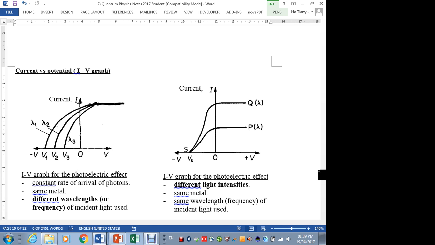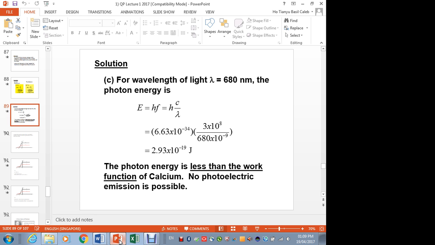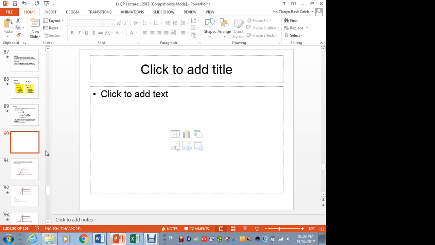Some textbooks do it like that, as shown here. Some textbooks do it like this, where it's completely straight. So why is it like that? Let me explain to you. Anyone of you have this question ever? Just very shy, don't dare to say? Anyone? No, nobody. Just accept, it's okay.